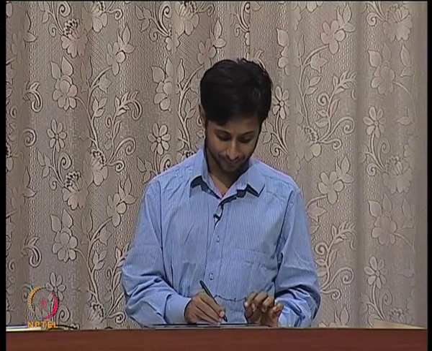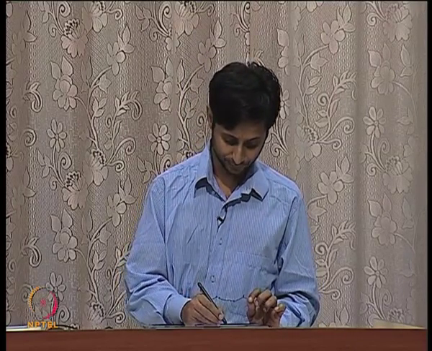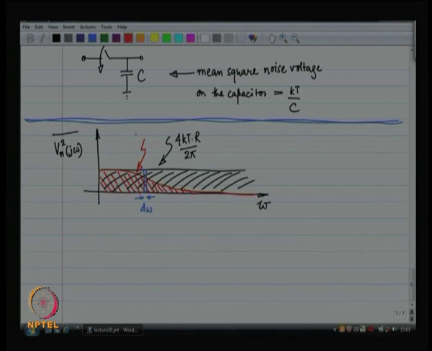So, what you are really doing is you have got this 4 kT R by 2 pi, this is the power spectral density, but at the same time the cutoff frequency of this filter is 1 by RC, and that is what is instrumental in removing the R from your expression.